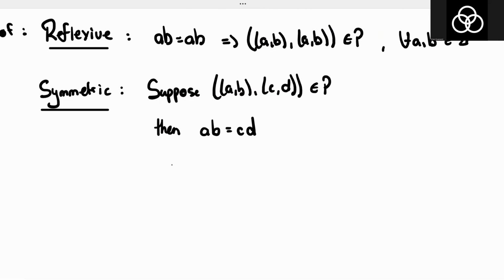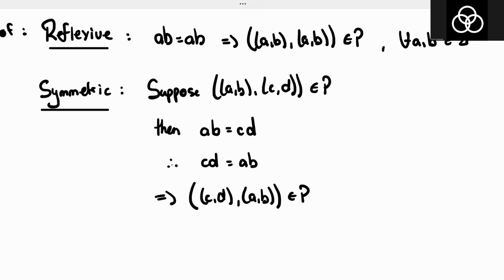And of course, if ab is equal to cd, another way of saying that is that cd is equal to ab. So this implies that (c,d) is related to (a,b) through P, right? And this is for a, b, c, and d belonging to the integers, right?